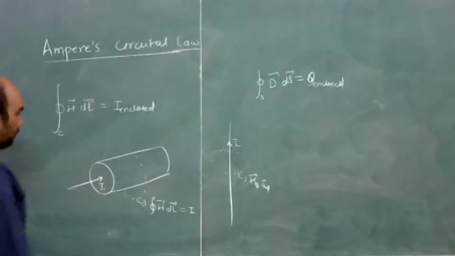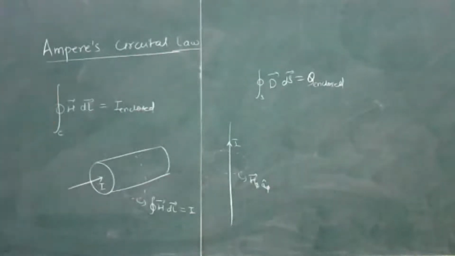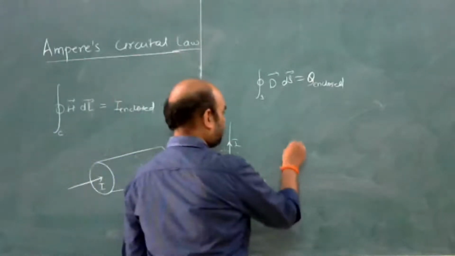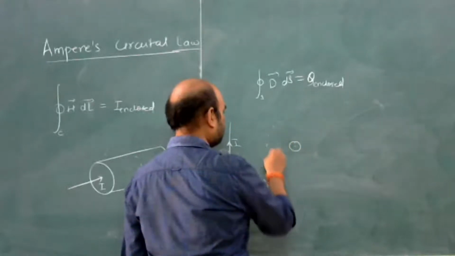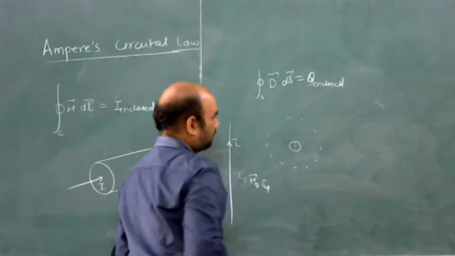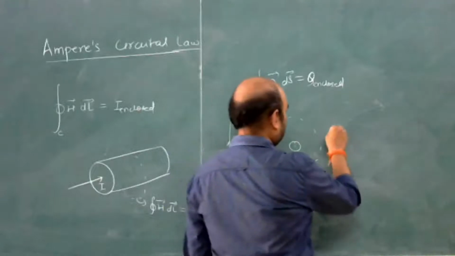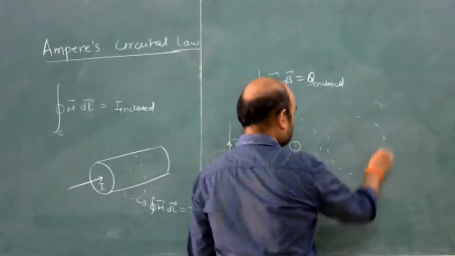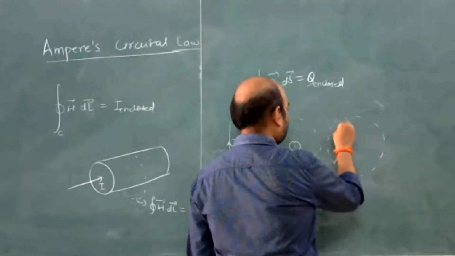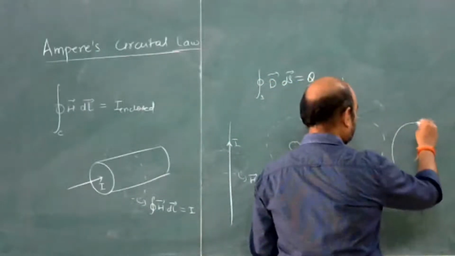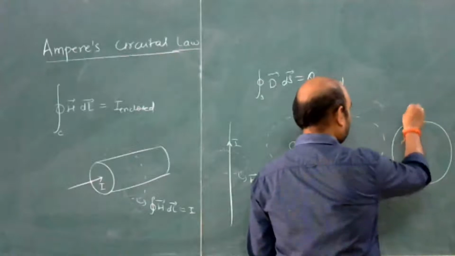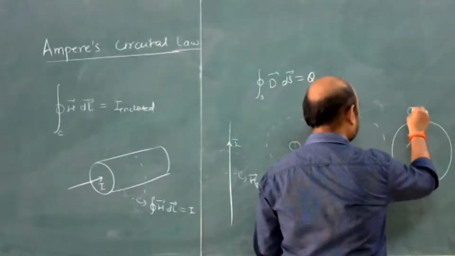If there is a current carrying conductor, in one case we take this. Another case, the conductor is here, and in the third case the conductor is outside.